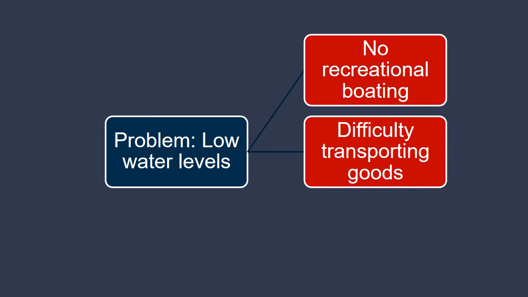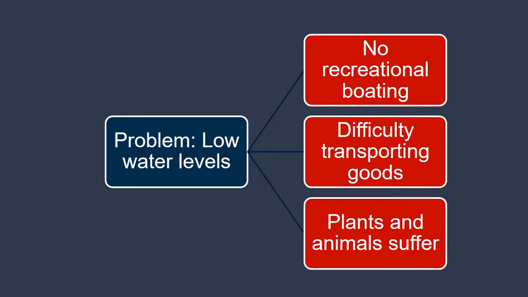Another one was that the water level also made it difficult to transport goods by barges and other boats through the river, so it impacted the economy and business. And lastly, it had an environmental impact. The low water levels caused plants and animals who lived near the beach of the lake to suffer and die.